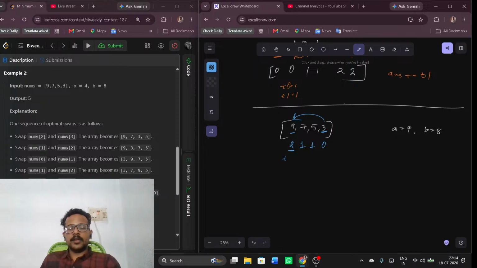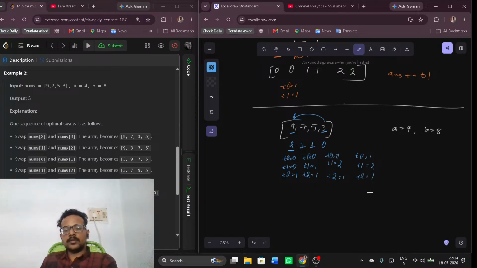Let me tell you, this is type 2. So till here, type 0 is equal to 0, type 1 is equal to 0, and type 2 is equal to 1. Now here, type 0 is equal to 0, type 1 is equal to 1, type 2 is equal to 1. When I get to 5, type 0 is equal to 0, type 1 is equal to 2, type 2 is equal to 1. Now here type 0 is equal to 1, type 1 is equal to 2, type 2 is equal to 1.